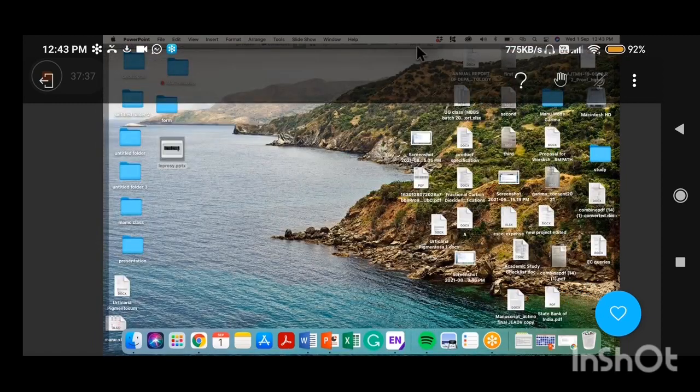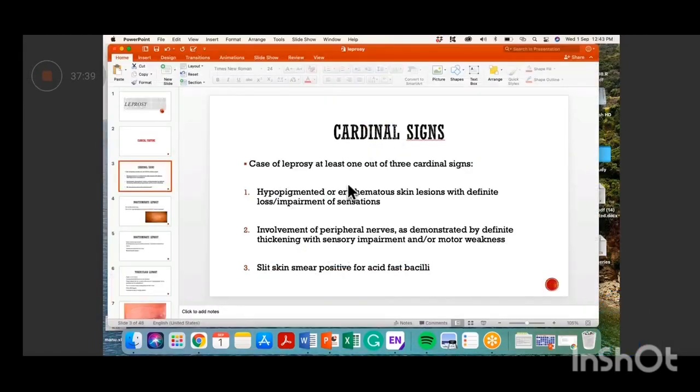A case of leprosy is one who has one of the three cardinal signs: hypopigmented or erythematous skin lesion with definite loss or impairment of sensations; involvement of peripheral nerves as demonstrated by definite thickening with sensory impairment and or motor weakness; and slit skin smear positive for acid fast bacilli. A case of leprosy is one who has any of those and has not completed the full course of treatment, that is, 6 months for paucibacillary and 12 months for multibacillary.